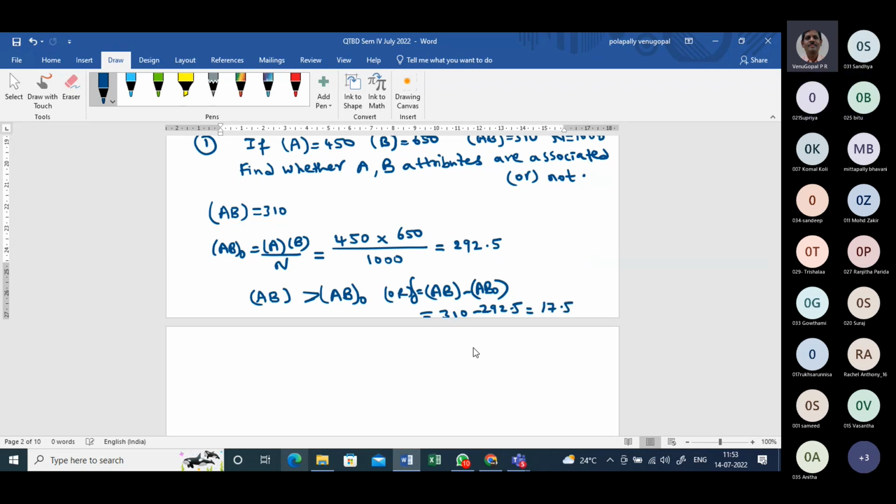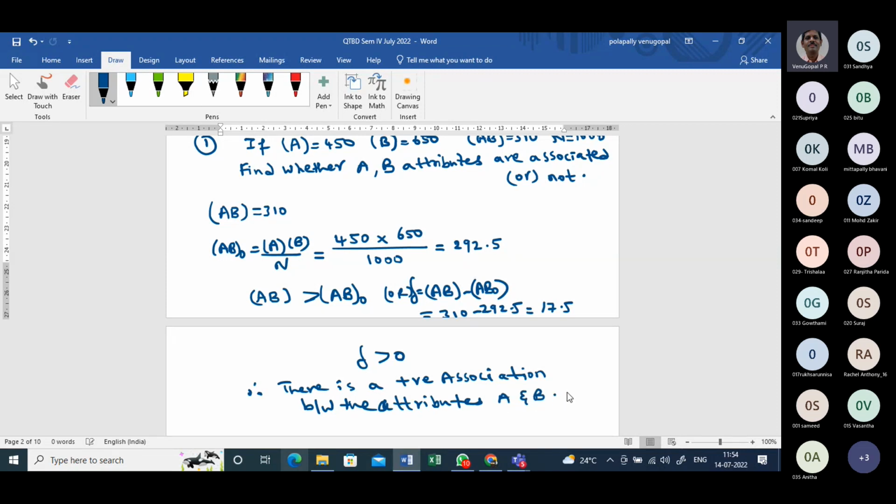So your delta is greater than 0. Therefore, there is a positive association between the attributes A and B. Can I say this?